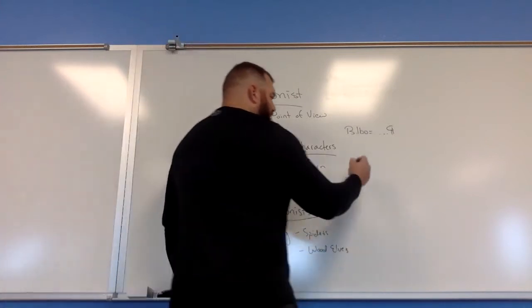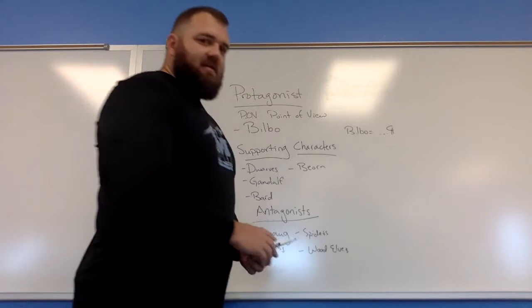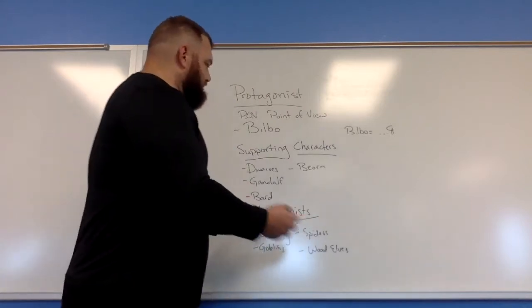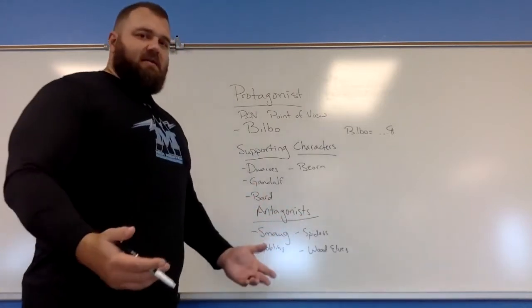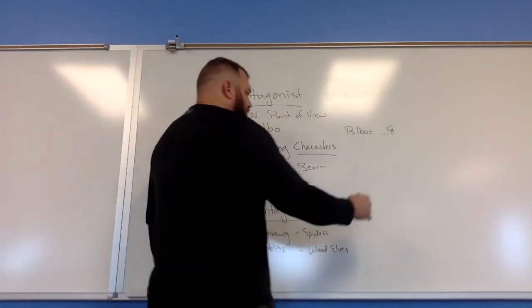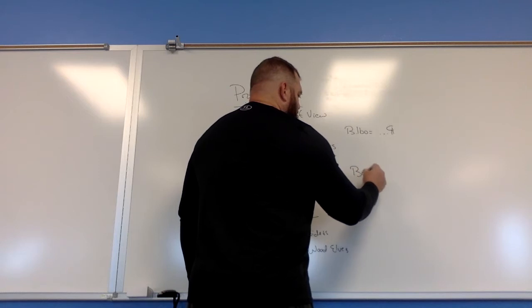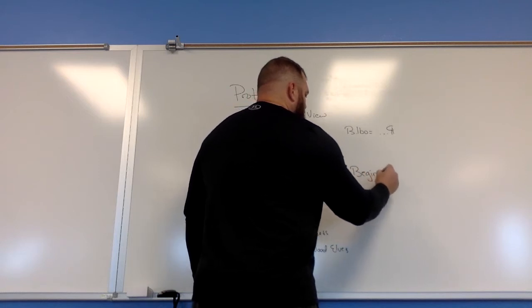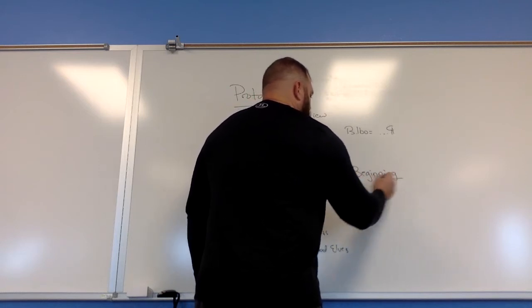So the beginning, again, using the same example, and let's just stick with The Hobbit because it's a really, really easy example to use. I'll scroll down the page and write down my beginning.